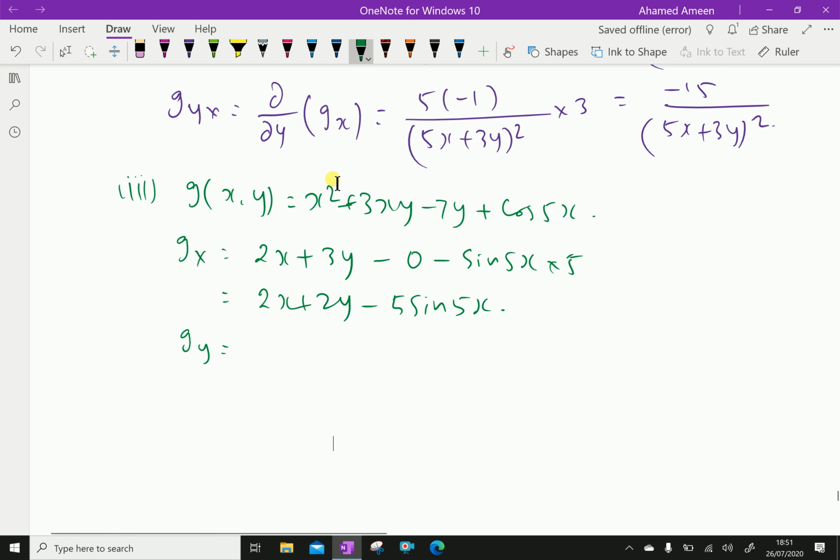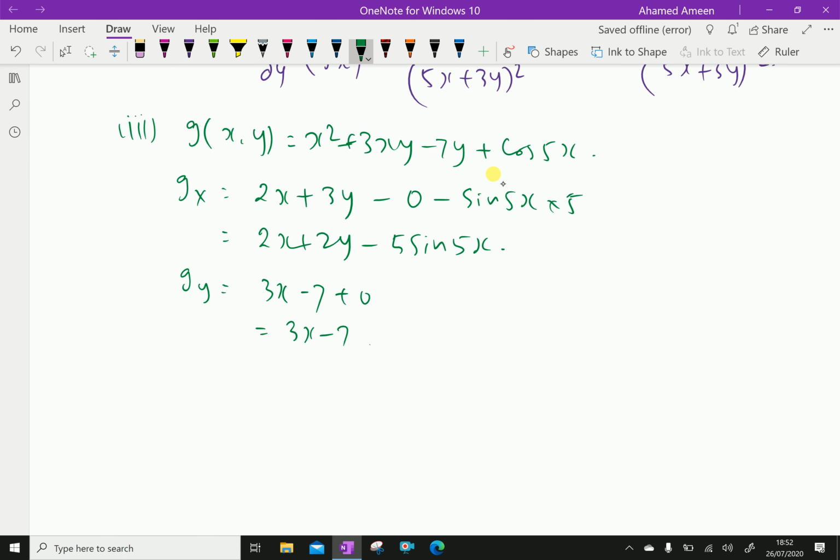We have to differentiate this with respect to y. We have x square constant, so that is 0. Differentiation of 3xy with respect to y is 3x. 7y is minus 7. Cos 5x is 0, which is equal to 3x minus 7, g of y.